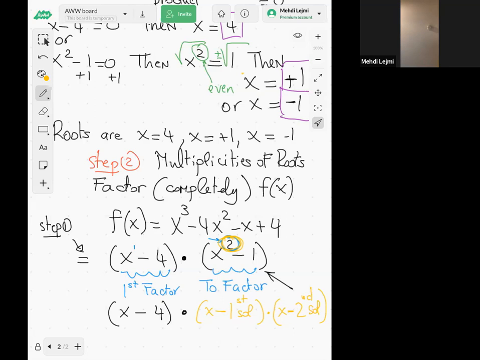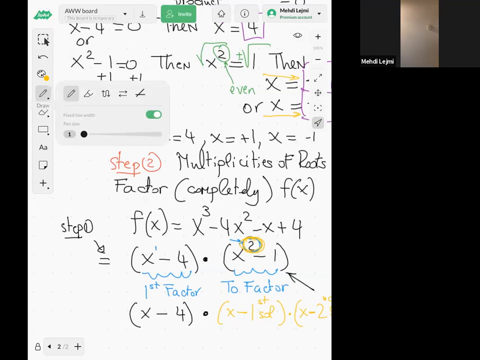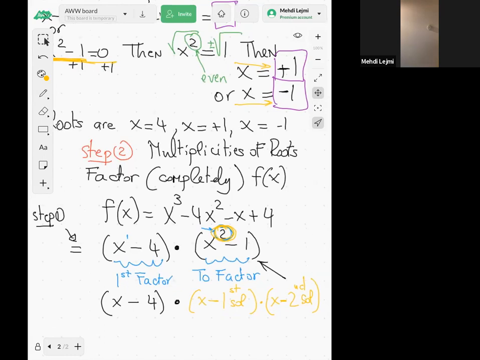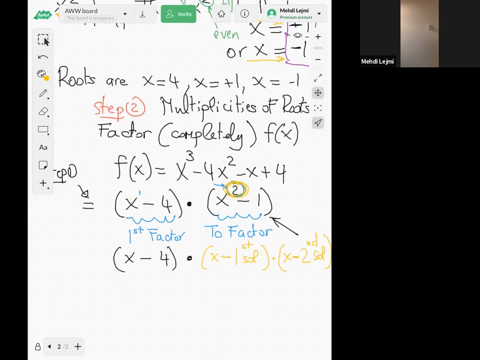I got +1 and I got -1, when I solved x squared minus 1 equal to 0. So my first solution is +1.